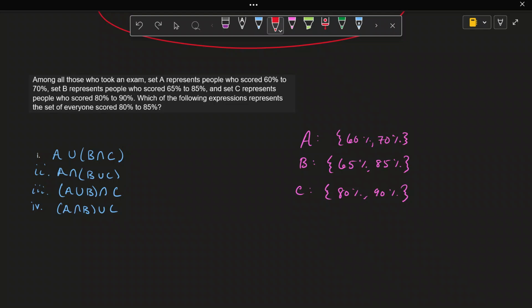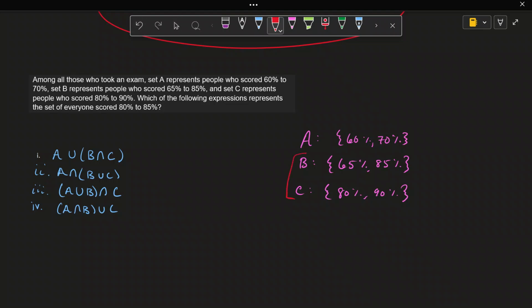The OR is going to make the set larger. But we want it to include 85%, so we have to OR something with B for sure. Or something with B and C maybe?